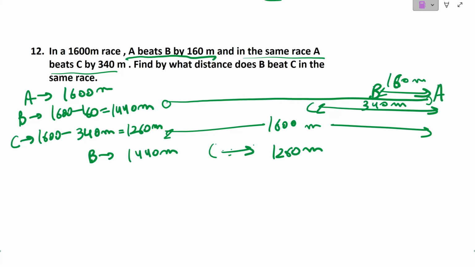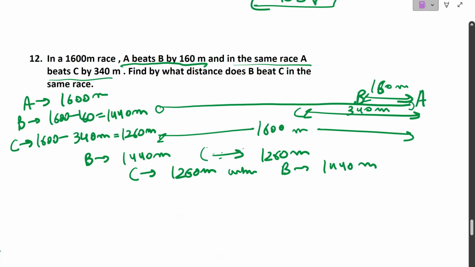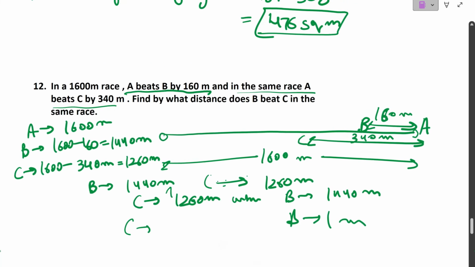Now we have to find out by what distance does B beat C in the same race. So when B covers 1 meter, how many meter does C cover?